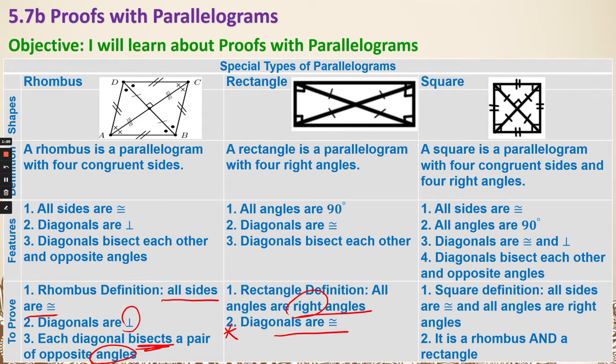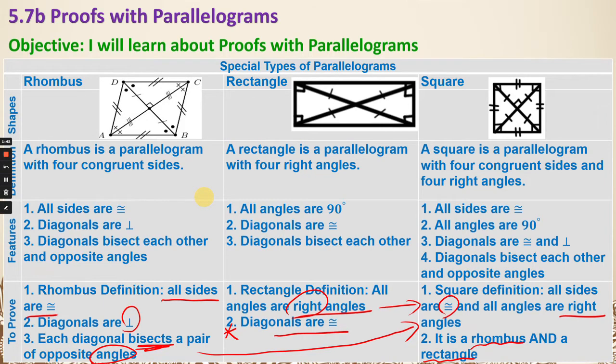And for square, ways to prove, we can use the definition, all sides are congruent and all angles are right angles. Or you can say it's a rhombus and it's a rectangle, so we can use these things to actually prove them. And that can also work to actually prove a quadrilateral is a square.